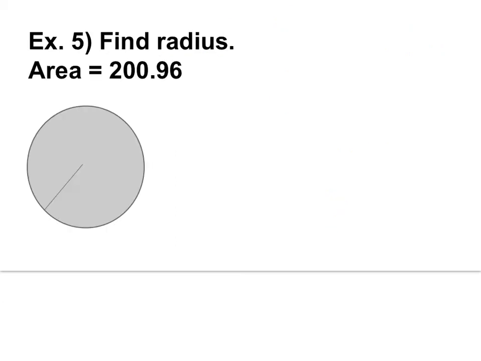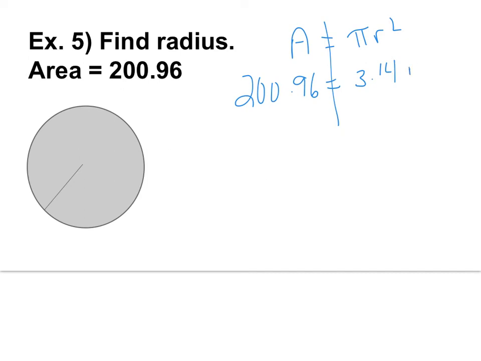Okay, so again we're finding the radius. We're given the area. We're going to use our formula, A equals pi r squared. So let's go ahead and plug in our area. 200.96 equals, we'll plug in the value of pi, 3.14, and then we'll leave r squared. So we're going to need to divide both sides by 3.14 to get that r squared alone.